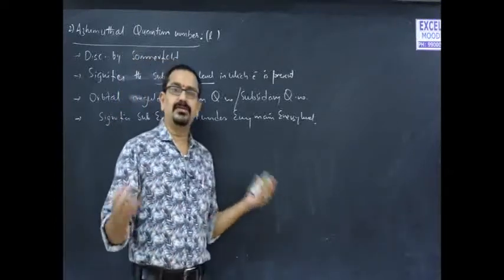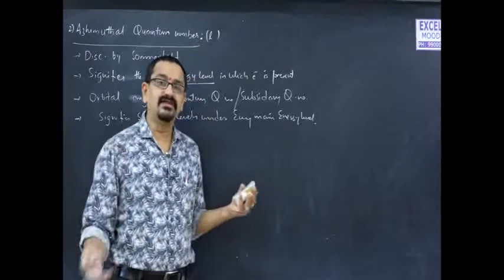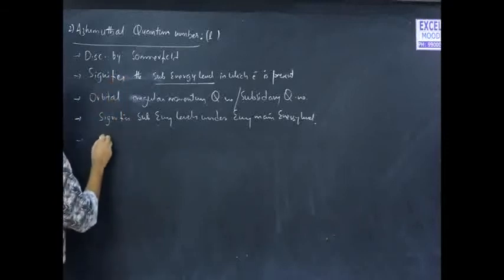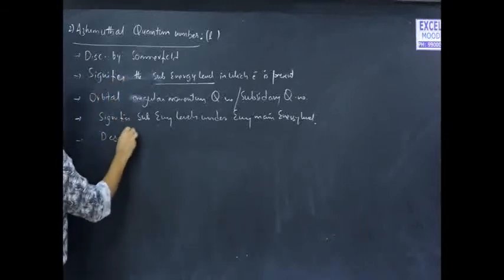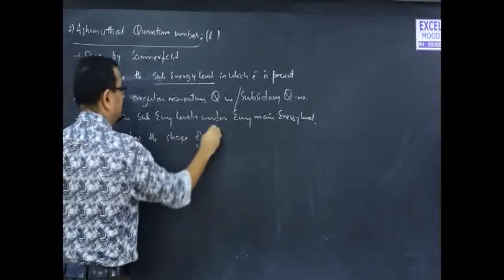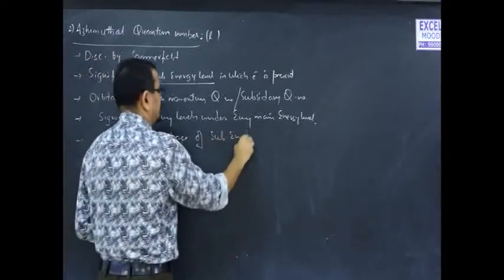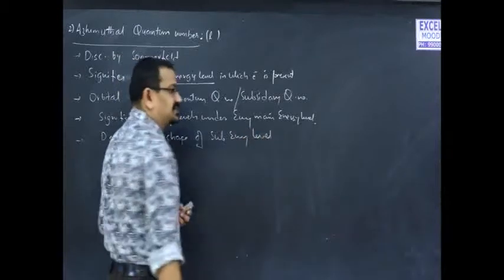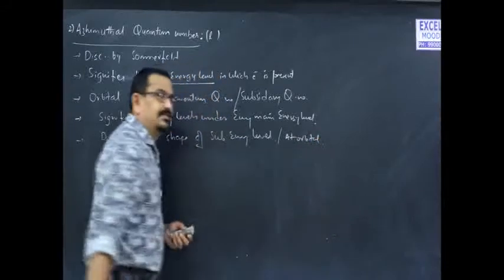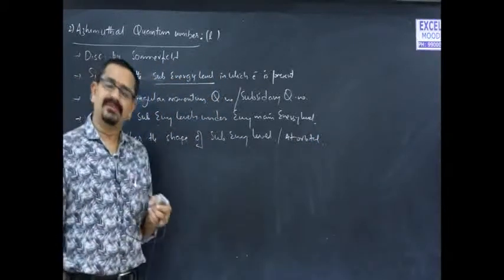So, in which atomic orbital, in which sub-energy level is the electron present? In that way, this Azimuthal quantum number describes the shape of the sub-energy level, or shape of the atomic orbital, in which the electron is present.